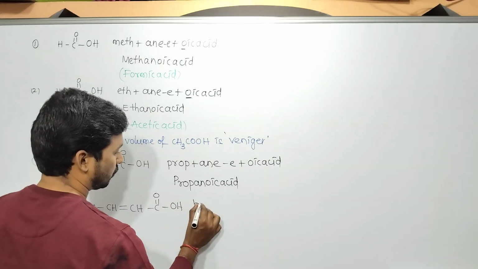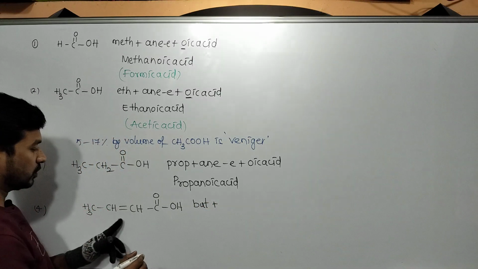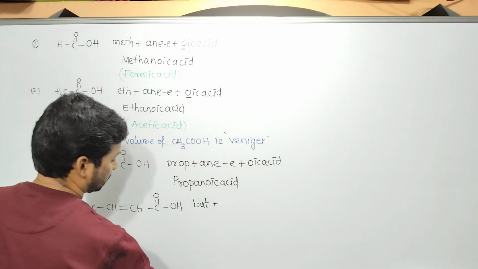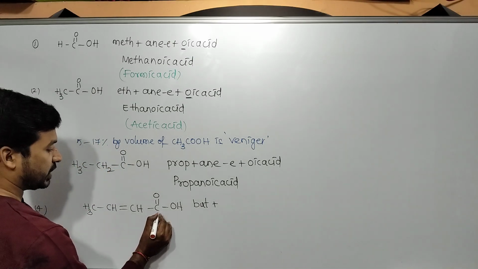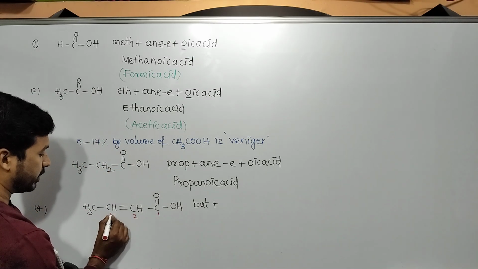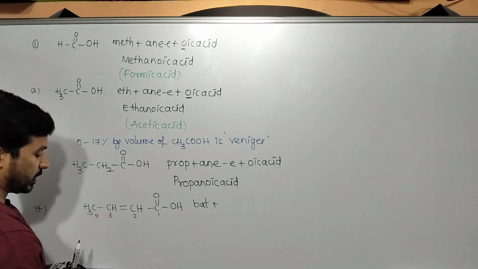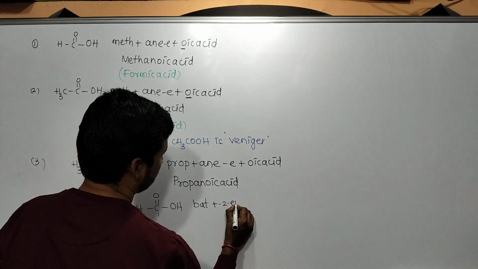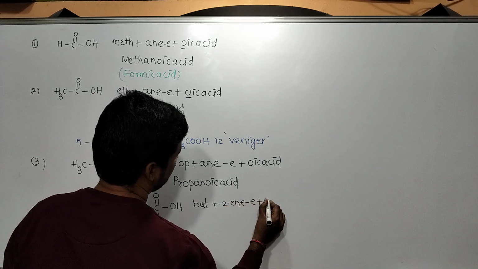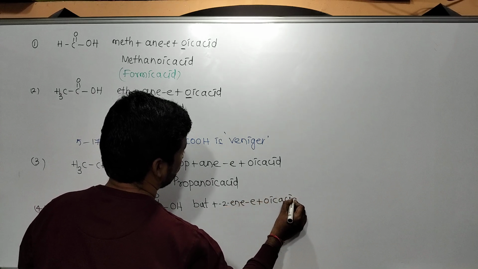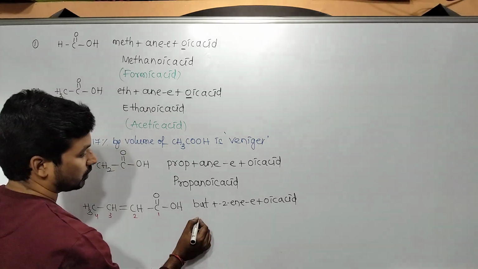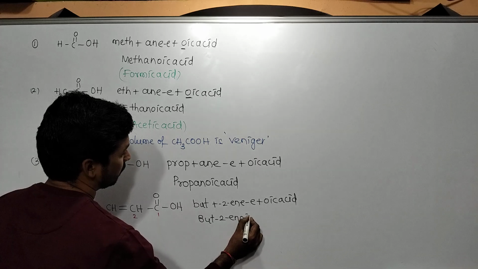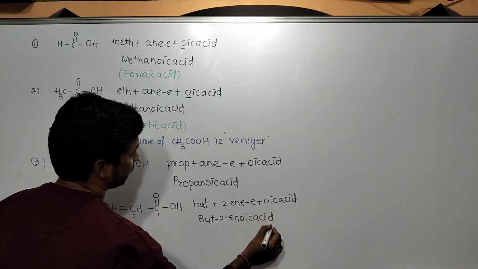But between those 4 carbon atoms a double bond is there, so definitely this becomes ene. The functional group gets the least possible number, so it becomes 2-ene, and 2-ene minus E plus oic acid gives but-2-enoic acid.